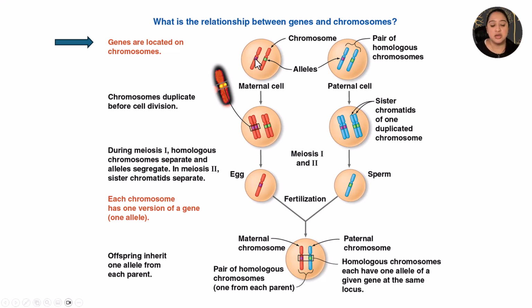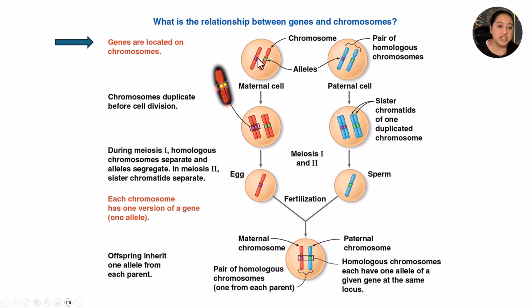And on each of these homologous chromosomes, there are alleles, which are alternative forms of those same recipes, right? Like flower color, either purple or white flower color, or tall or short plants, for example. So remember, alleles are different versions of genes, and genes are located on chromosomes.